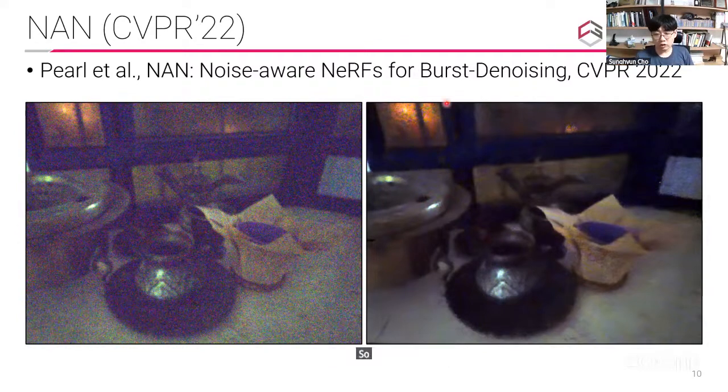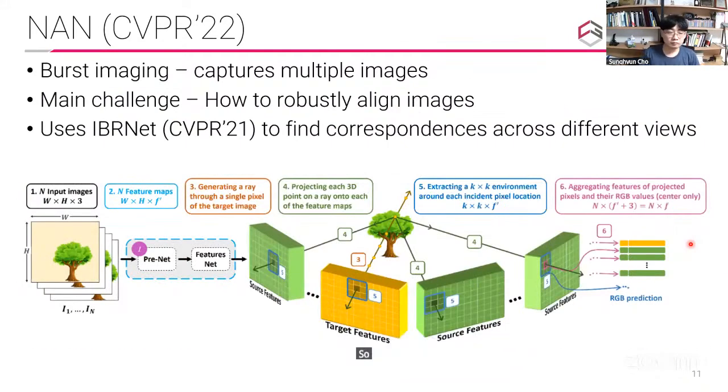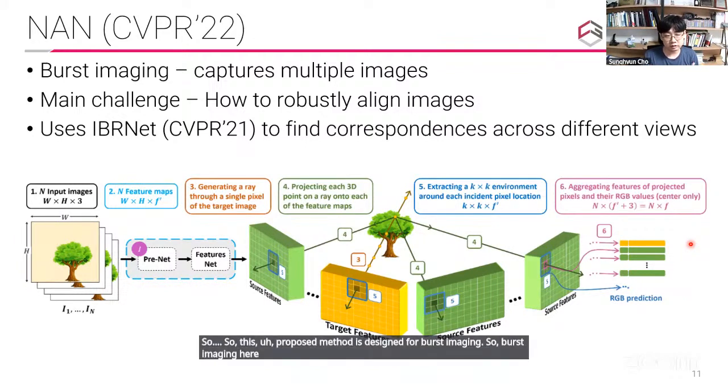So on the right, we have the result of NAN, noise aware NeRF for burst denoising. This proposed method is designed for burst imaging. Burst imaging here means a technique that captures multiple images.